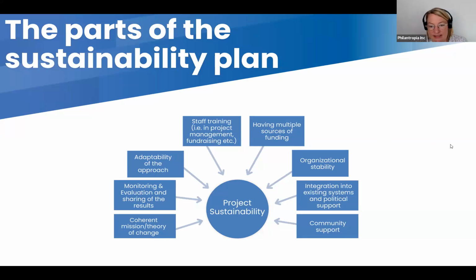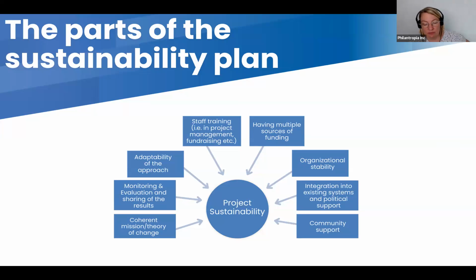Integration into existing systems and political support. If you have the local authorities on your side, that always helps with project sustainability, because that sometimes contributes money, if you can get into the budget and get a line in the budget. But it also gives support for anything else, for papers, for permissions, etc. So if you can get support from existing systems and political actors, that is going to be very helpful.